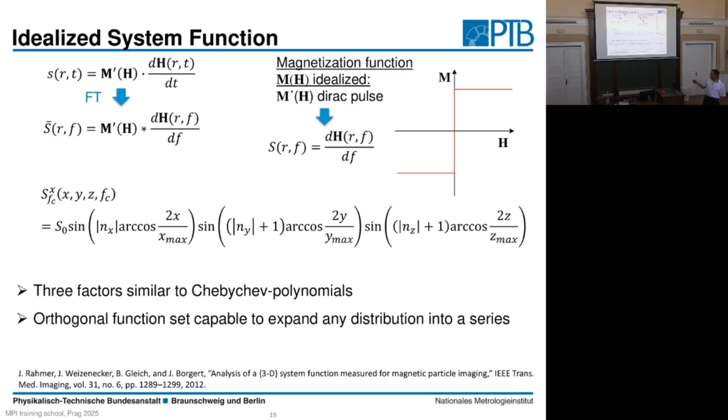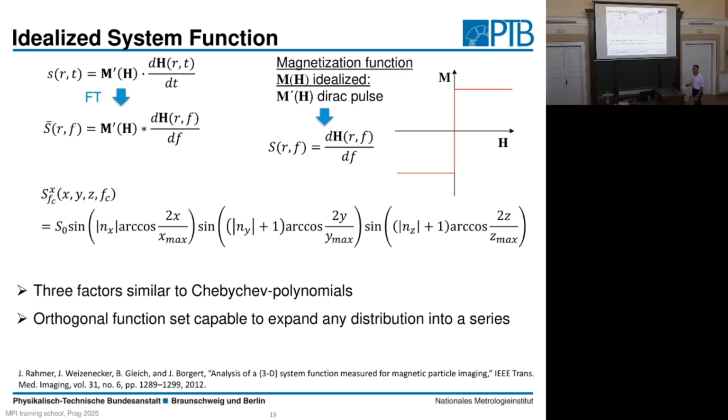And normally the derived magnetization is convolved here in frequency space, and the convolution with the Dirac impulse is exactly 1. So finally we have in this case only the excitation. And for the cosine excitation we get this expression. It's shown in this paper of Fourier. I can really recommend this if you would like to understand how MPI works in detail.